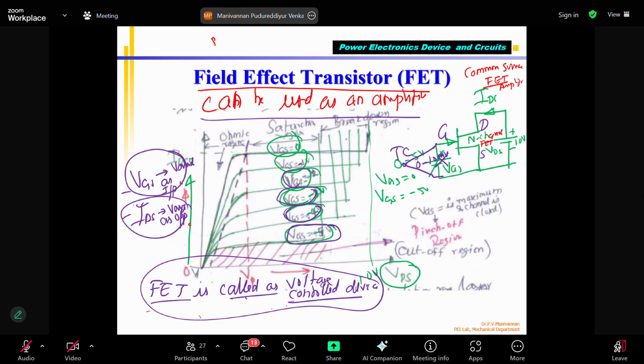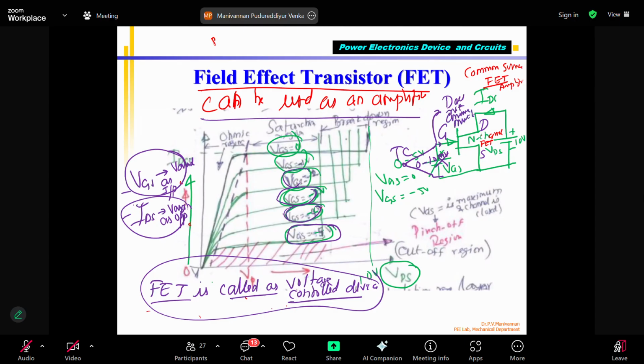Since voltage is supplied, the FET doesn't take current. FET current does not consume much higher current.